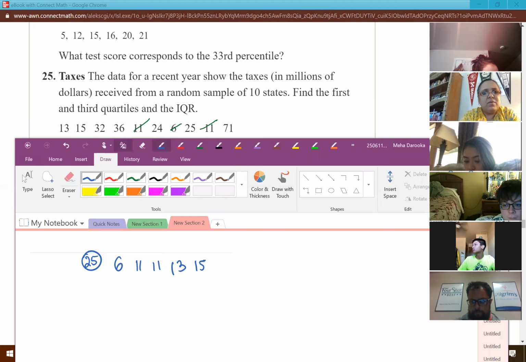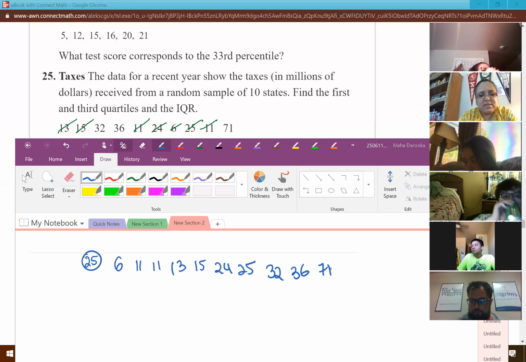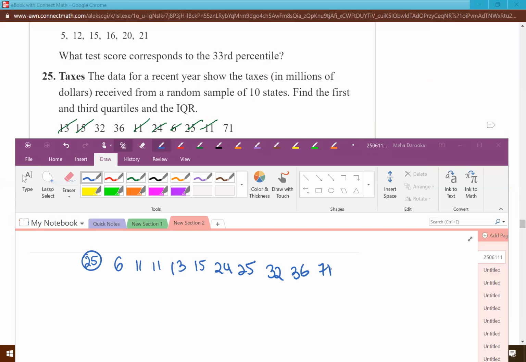And then we're going to 24, 25. That leaves us with basically our 30s, so that would be 32, 36, and 71. Very good. They said 10 states, so that's 1, 2, 3, 4, 5, 6, 7, 8, 9, 10. We've got all 10 of our numbers over here.